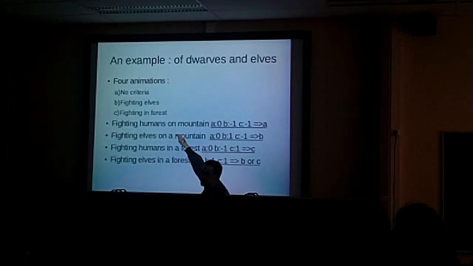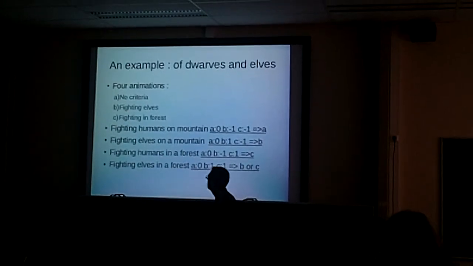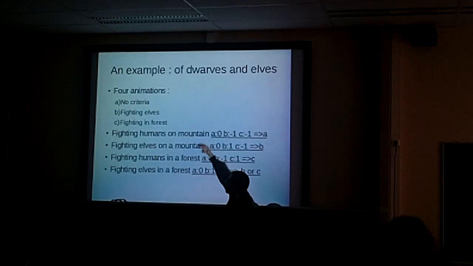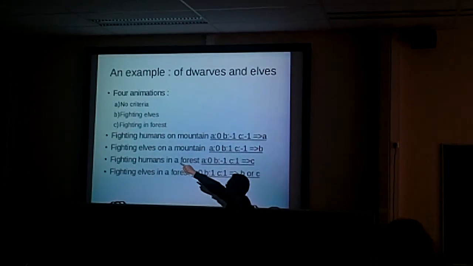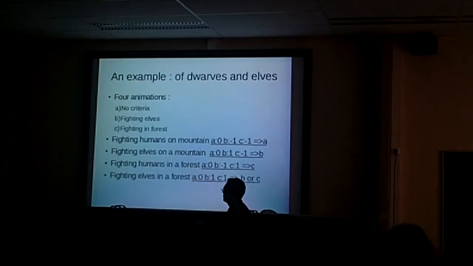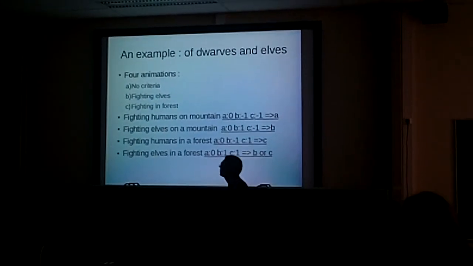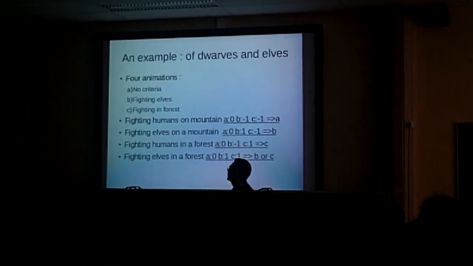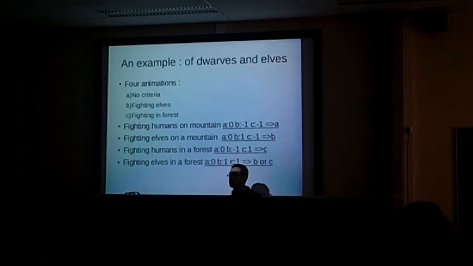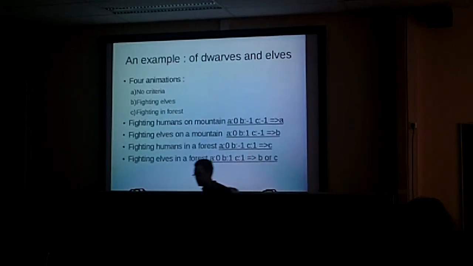So no criteria is not as good as fighting elves, and fighting in forest has been discarded, so we'll use B. If we fight humans in the forest, it's the reverse. We'll discard B. A won't have top score, so we'll play C. And if we're fighting elves in a forest, that's when it gets interesting, because we have two valid ones, and there is no real way to say which one is best. So let's run that. We'll take B or C.